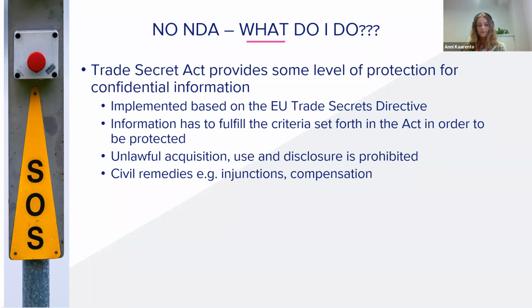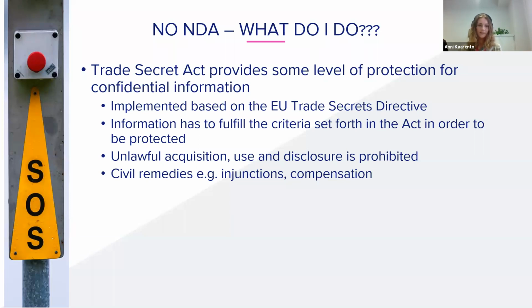And the Act prohibits unlawful acquisition, use, and disclosure of the confidential information. There are some exceptions, for example, independent discovery and reverse engineering of a product that you have acquired lawfully.